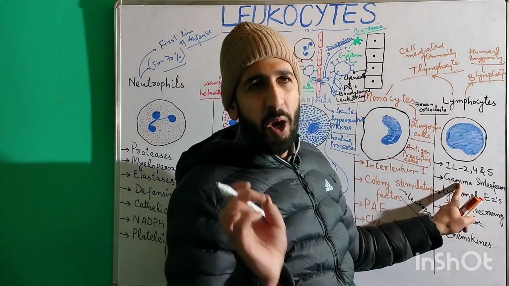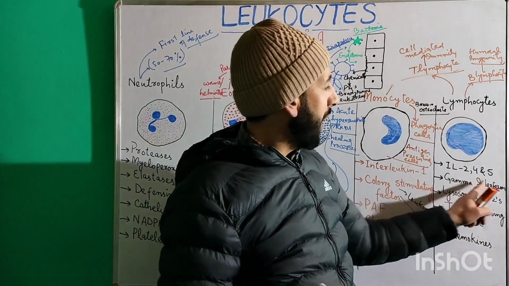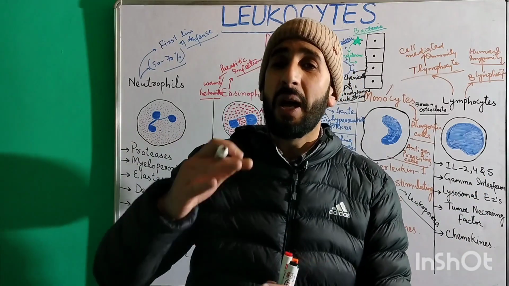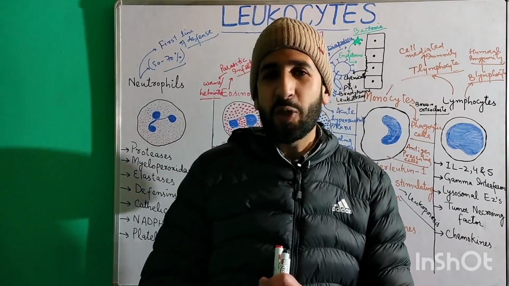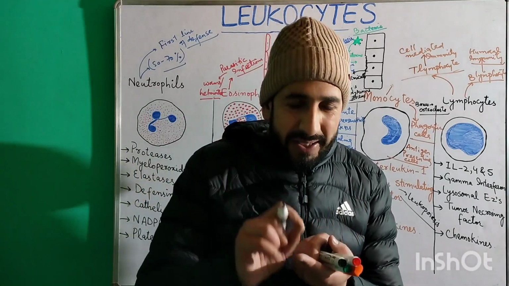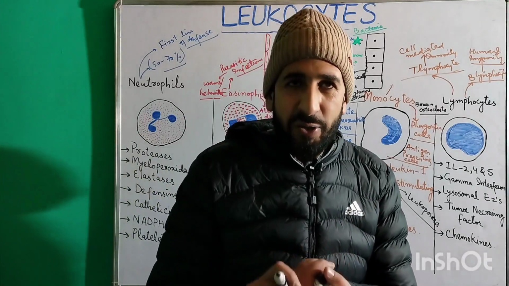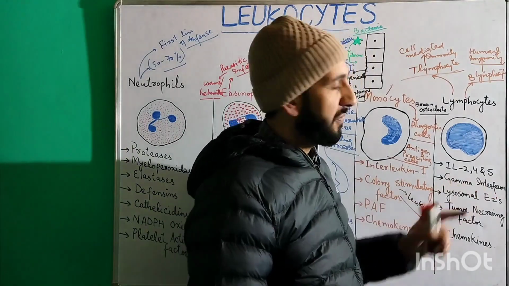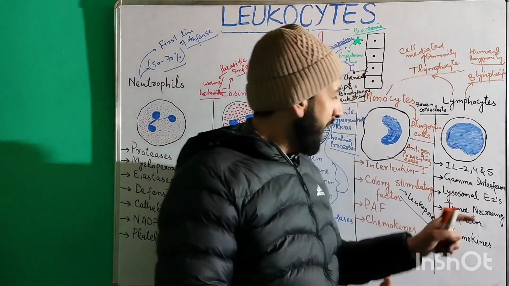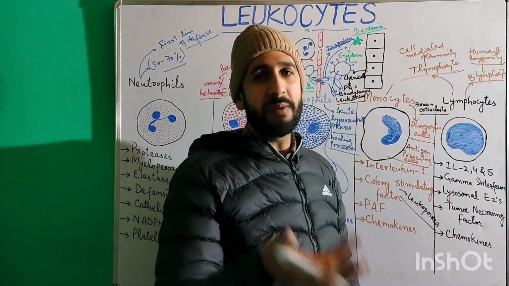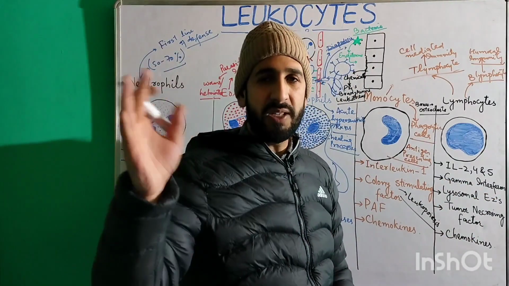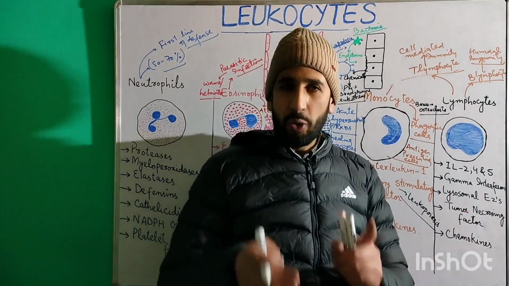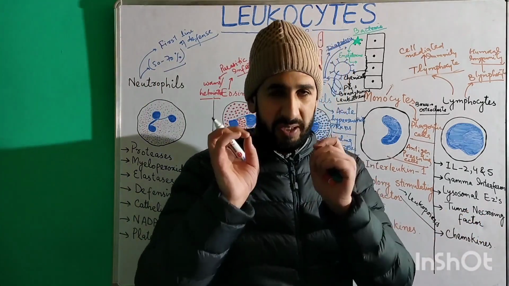After this, gamma interferons have a role, and these gamma interferons actually stimulate different types of lymphocytes. For example, it stimulates the cytotoxic cell, it stimulates the natural killer cell, and it also stimulates the macrophages. So that is the role of gamma interferons. Okay, and after this, lysosomal enzymes, which will be very important for the destruction of these microorganisms. And then we have the tumor necrosis factor, which is very important for the necrosis of tumor.